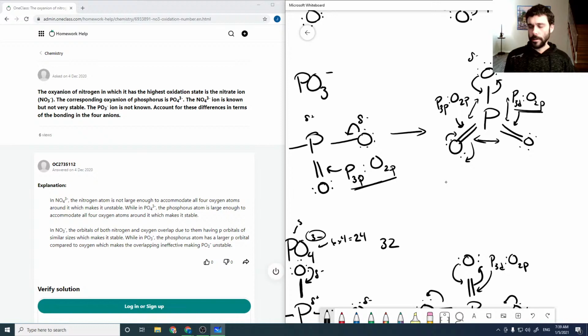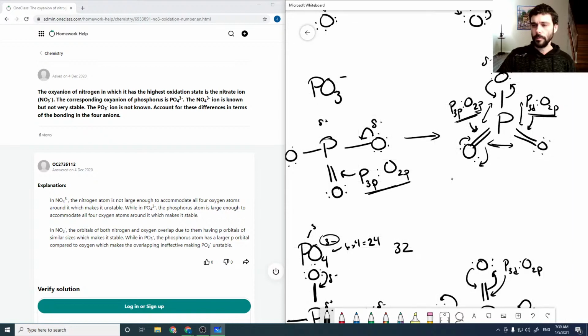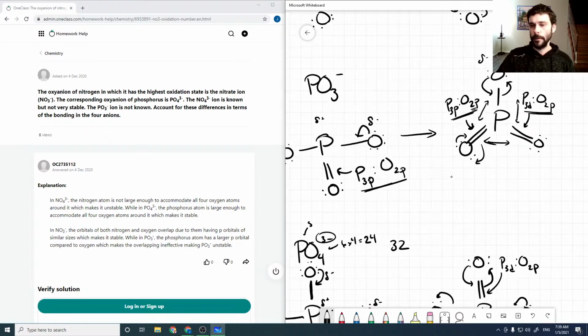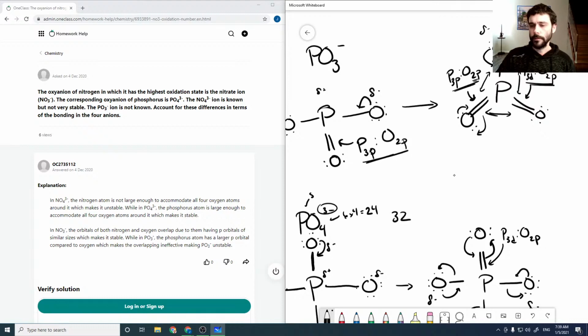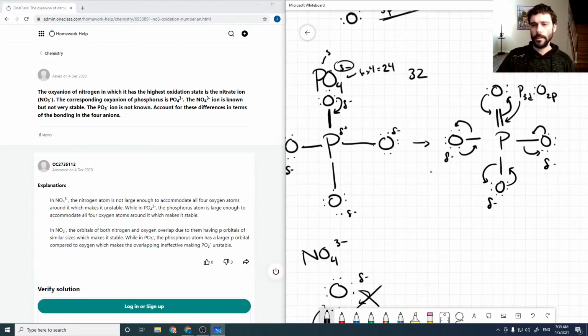But our double bonds are all going to be formed from n equals 3 orbital overlaps, with n equals 2 overlaps on the oxygen. So these are going to be much more significant, much weaker orbital overlaps, giving us much weaker double bonds and leading to a structure which falls apart much more readily, or is much more reactive.